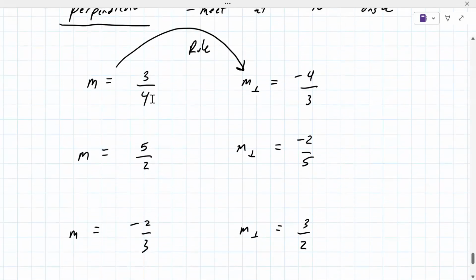Now, one more little thing here. I'd like you to multiply 3/4 and -4/3. Okay. And tell me what you come up with. Got -1. Okay. Let's try it for the next one.